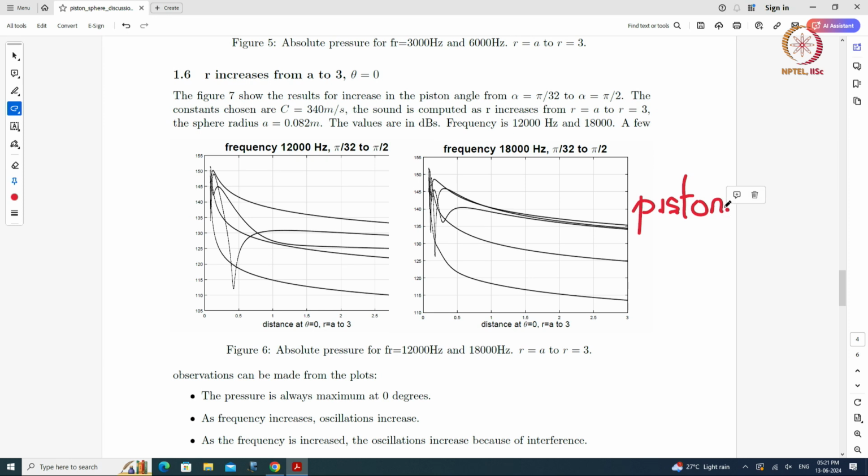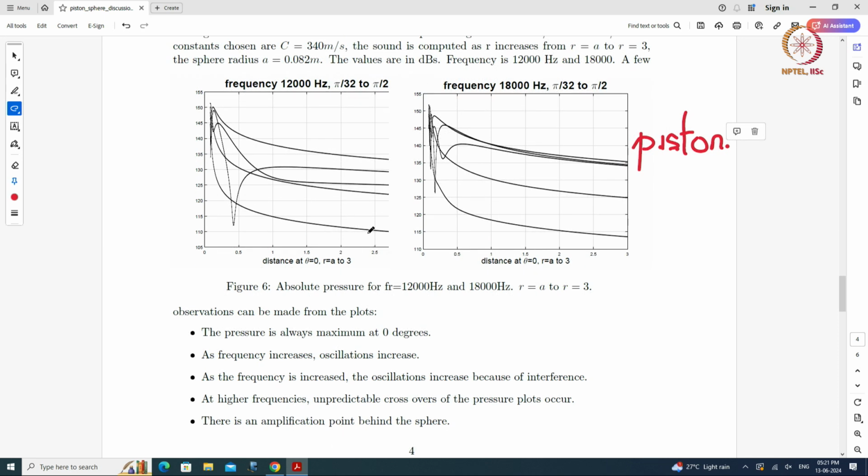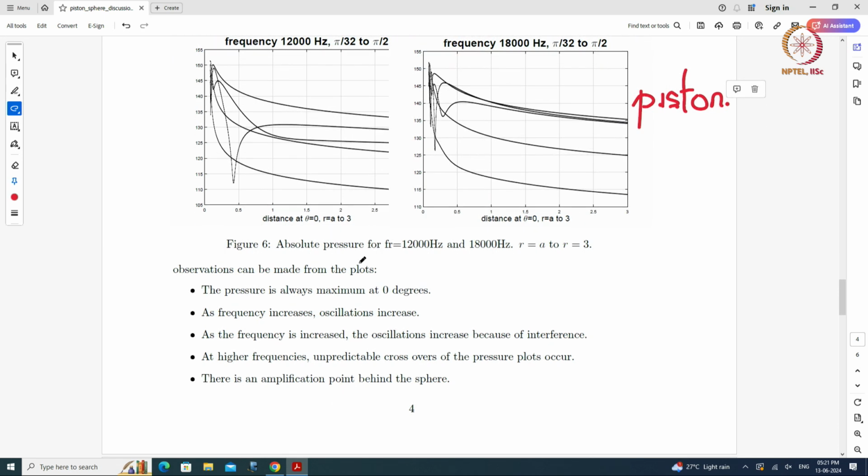Now these are some of the common points. Pressure is always maximum? I wouldn't say that. Largely. It all depends on Ka and how the waves line up to cancel.